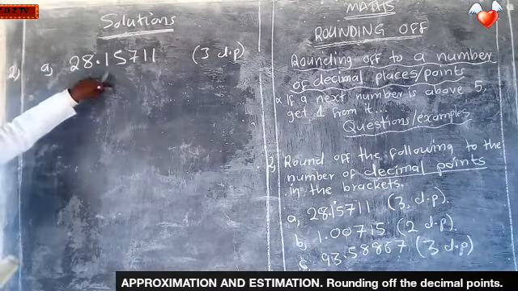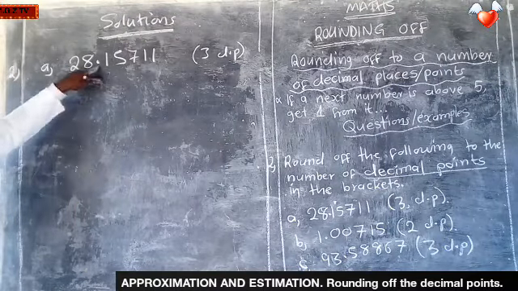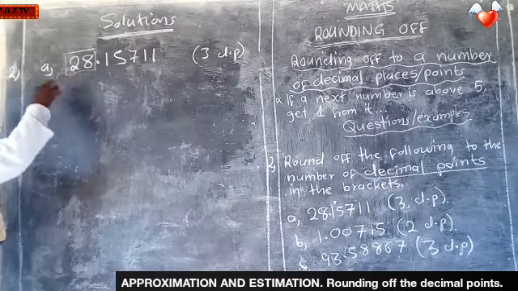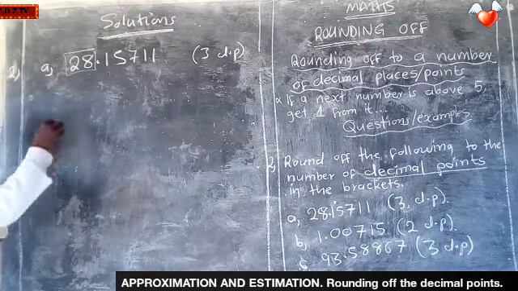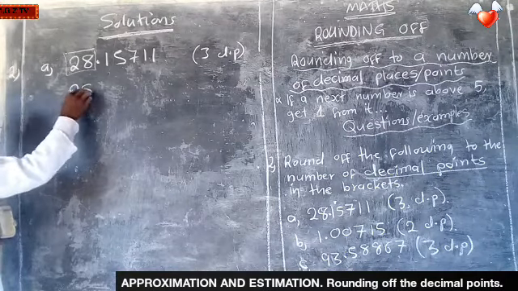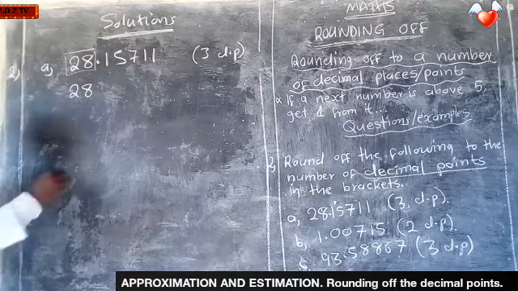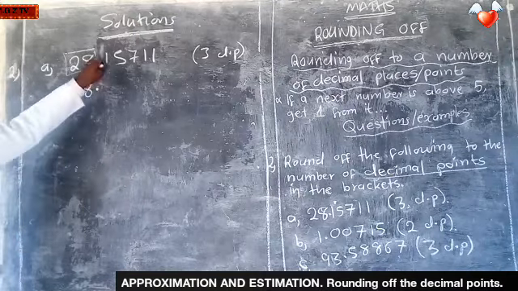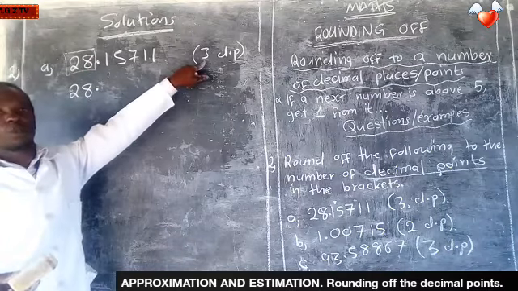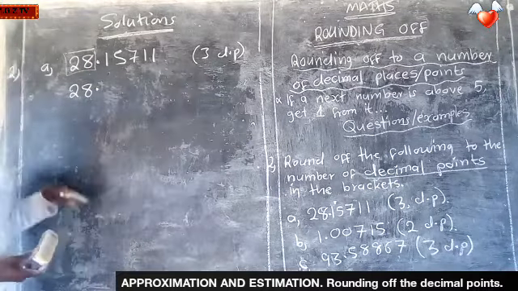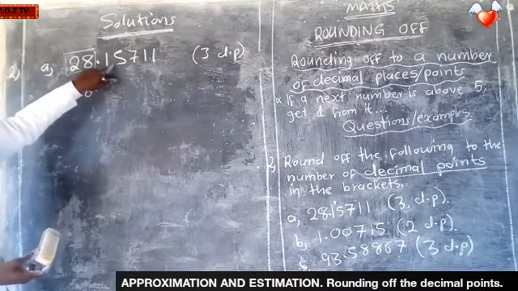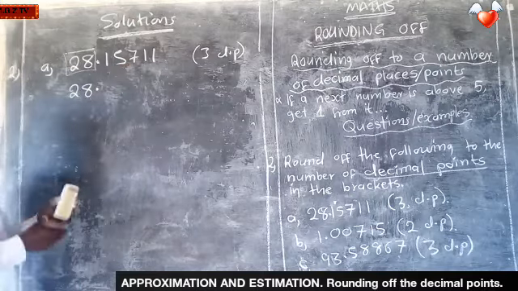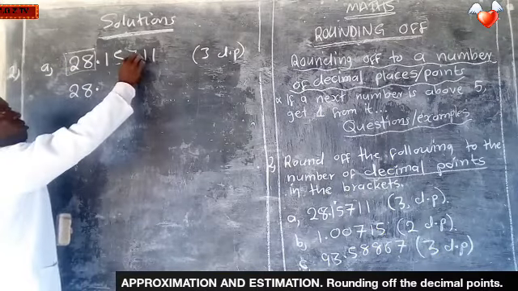So the first step is to look at the point and observe these numbers. These numbers are before the point, so don't change them. Just write them the way they are, then put a point. Now from there, I move 3 steps to the right. So I will say from here 1, 2, 3. So my third point will be there.